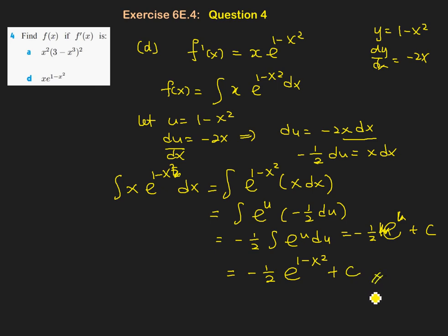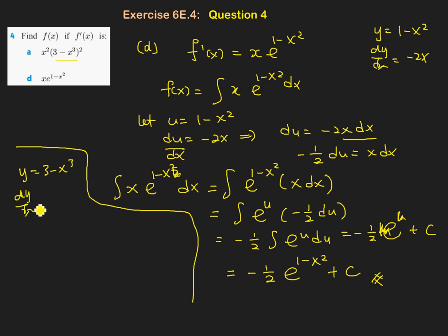Now try part A, but I'm just going to give you a hint. Notice that if you differentiate 3 minus x cubed, you don't get x squared, but you get negative 3x squared. As you can see, why 3 minus x cubed? If you differentiate this, you get negative 3x squared.